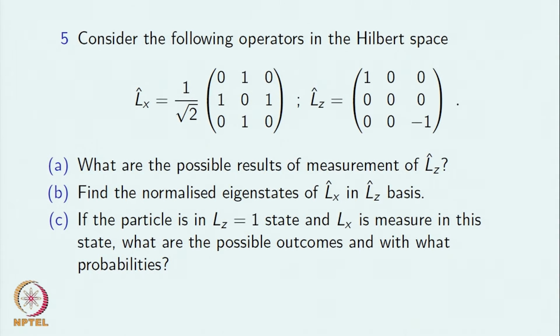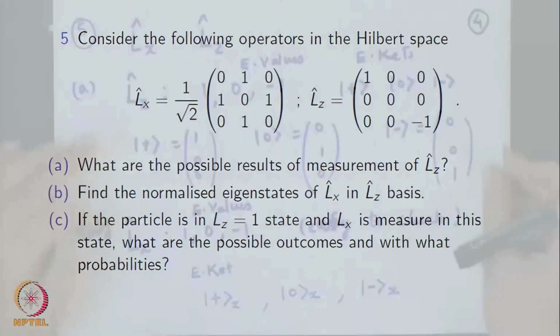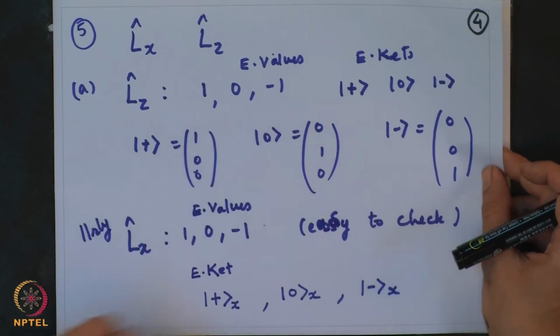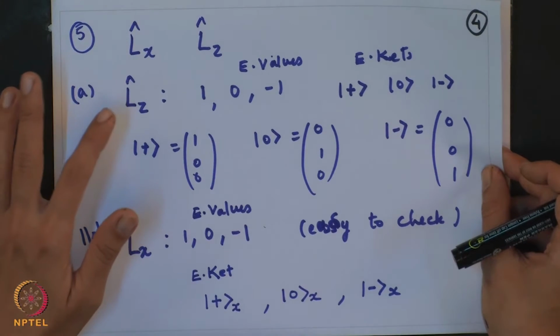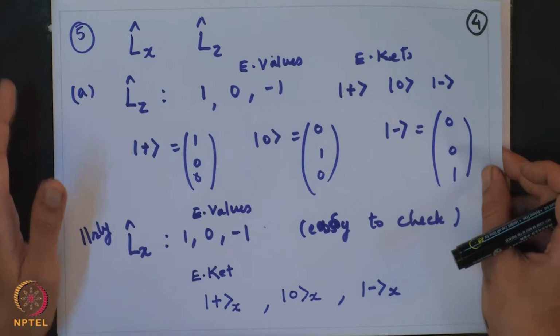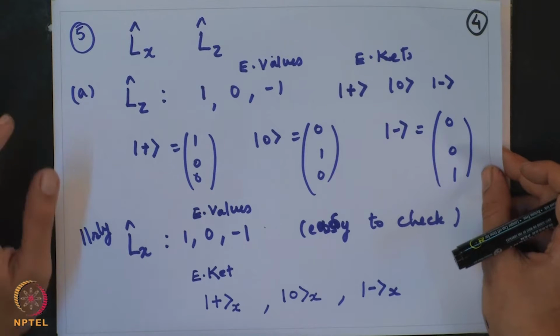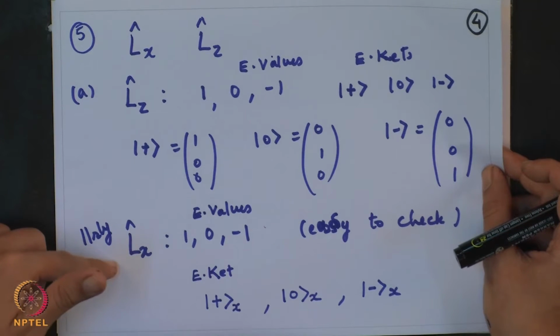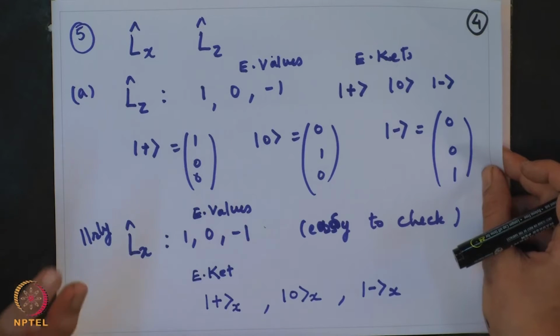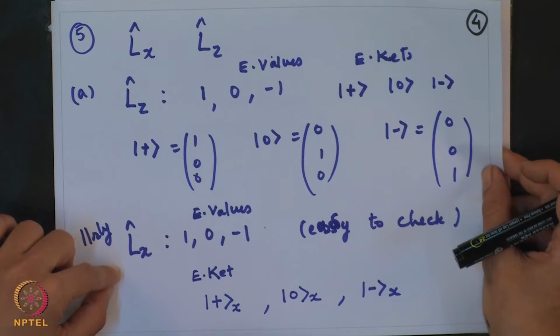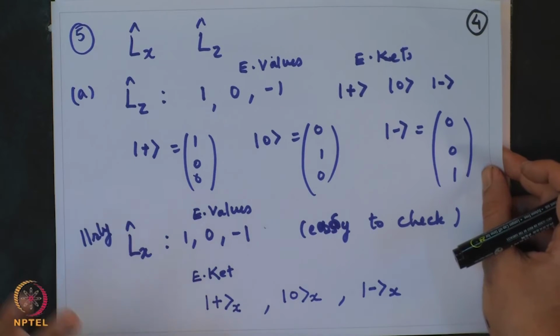Once you do that, you will be able to calculate the possible measurements of Lz. We have seen that it can take eigenvalues 1, 0, minus 1 and the corresponding eigenkets.